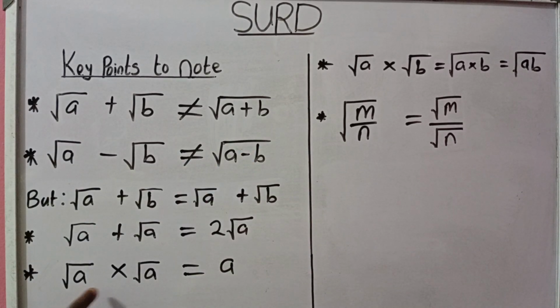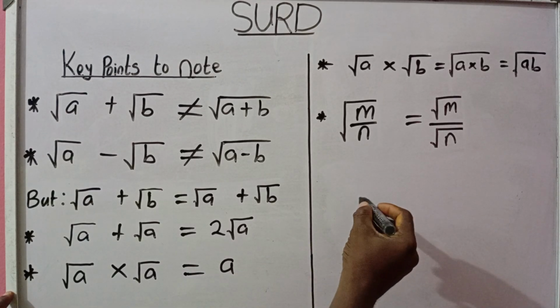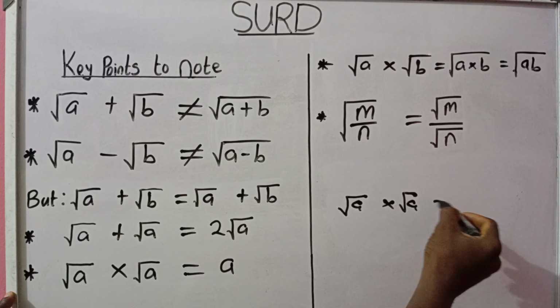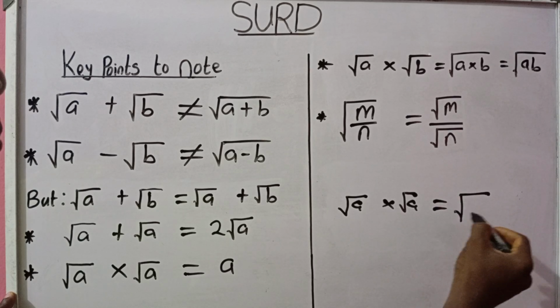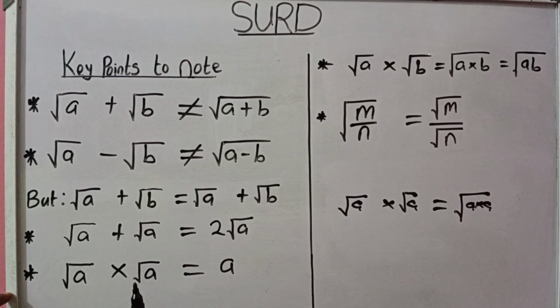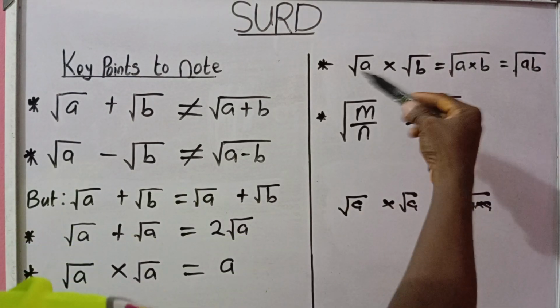The next one we have here is that of multiplication. Root A multiplied by root A can actually give us what? A. Somebody may be wondering, how do you get A here? We can put it this way. Root A multiplied by root A ordinarily is supposed to give us root A times A. Remember, we can bring them together according to our rule as far as this one is concerned.